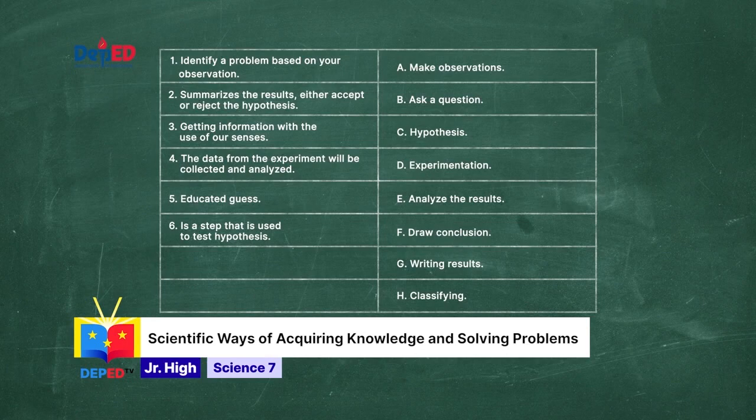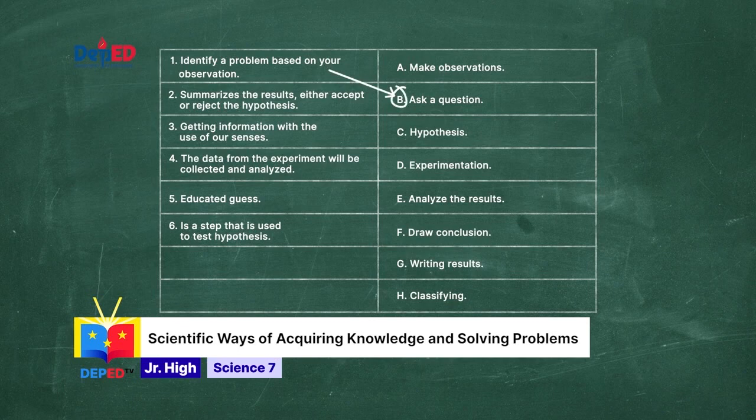Number 1. Identify a problem based on your observation. Time's up! When you identify a problem based on your observation, you ask a question. Correct answer is letter B. Number 2.